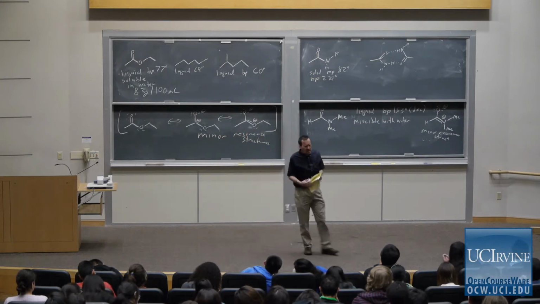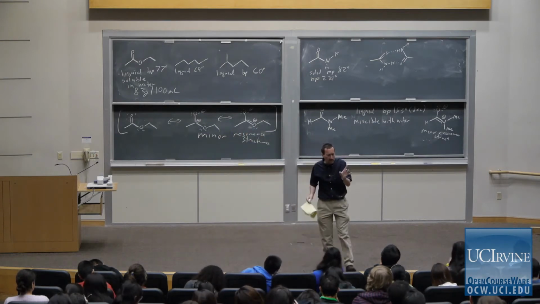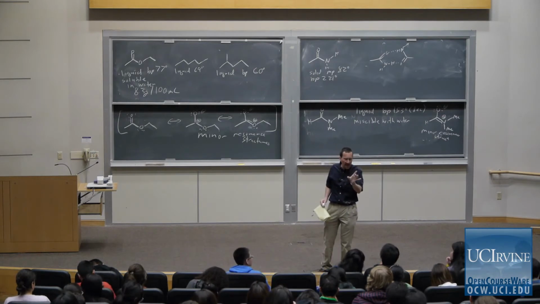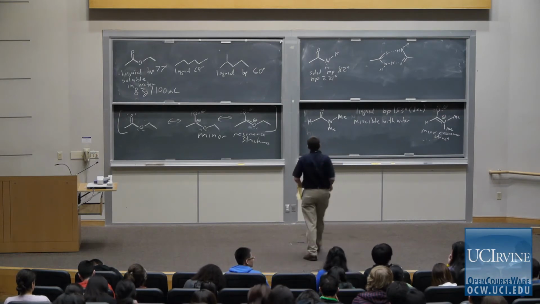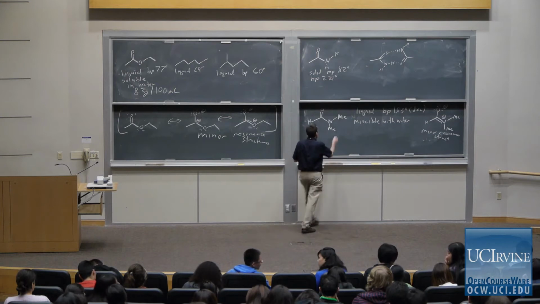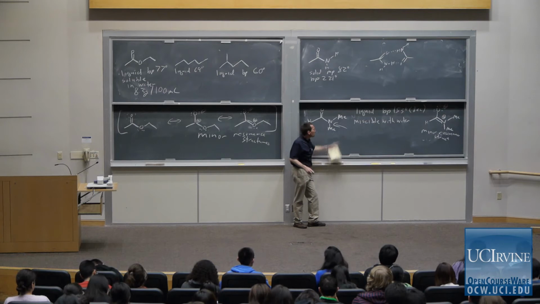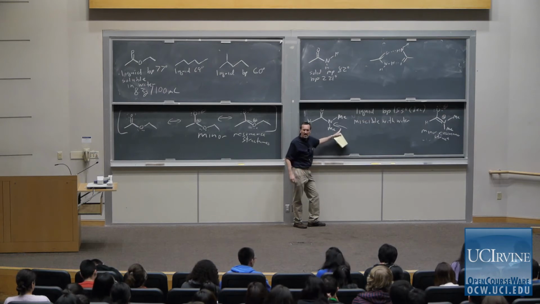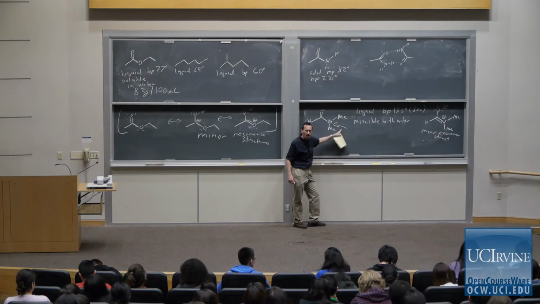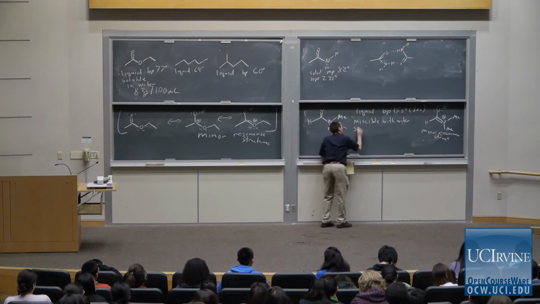One of the things that's very important to keep in mind about this fact is that this nitrogen in dimethyl formamide and in amides in general is much closer to being sp2 in its properties, to being sp2 hybridized than sp3 hybridized.